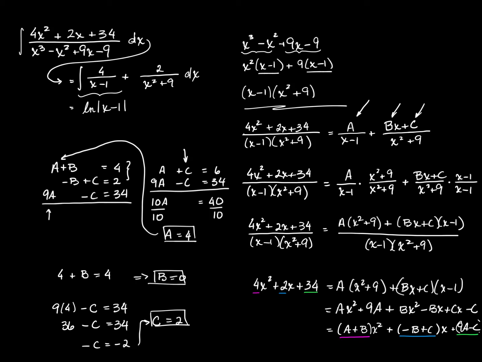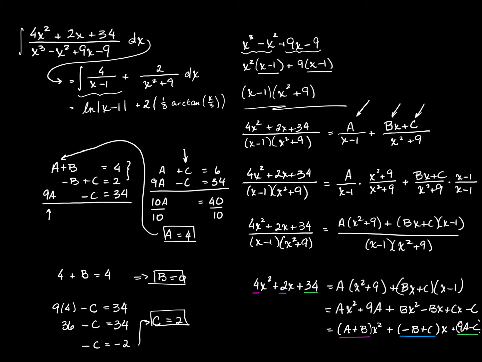The integral of 2 over x squared plus 9 is the same as 2 times the integral of 1 over x squared plus 9. And the integral of 1 over x squared plus 9 is 1/3 arctan of x over 3.